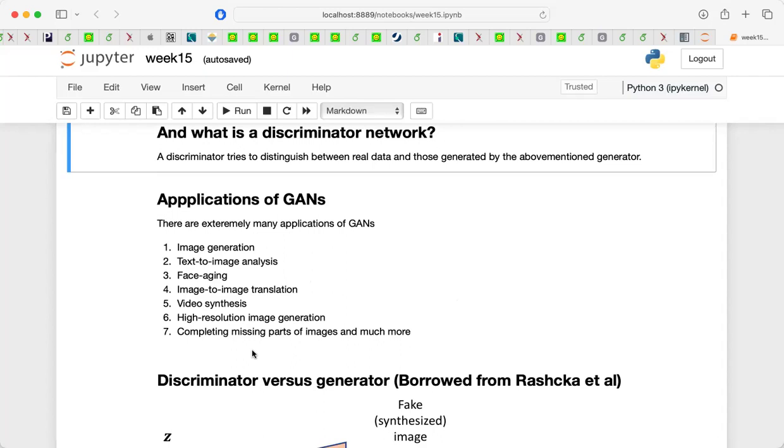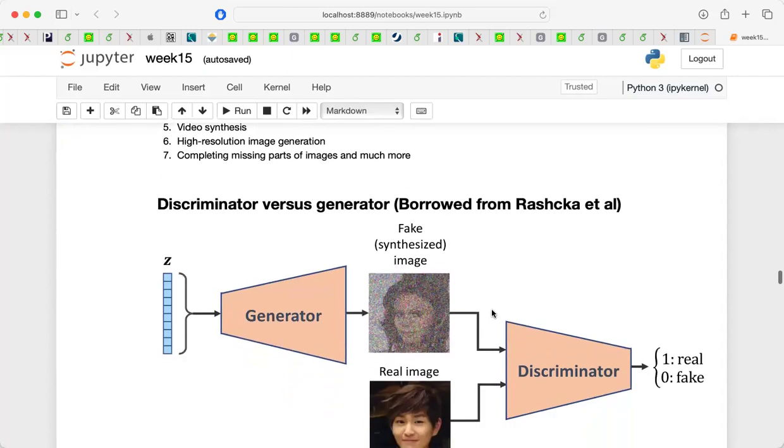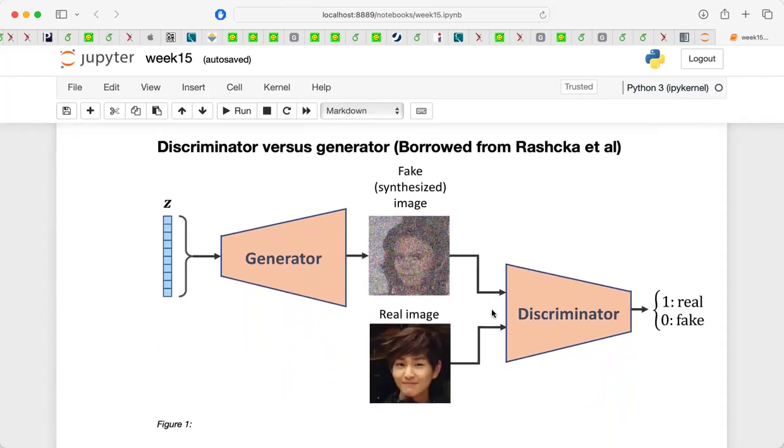Now, in the textbooks which we have linked with the course, the textbook by Foster or Babok and Bali, and also the textbook by Raschka, there are several examples on the setup of these different types of networks. So we are going to look at a simpler case, and I have borrowed several figures from the textbook by Raschka. The idea is that you have a generator which takes in some data.